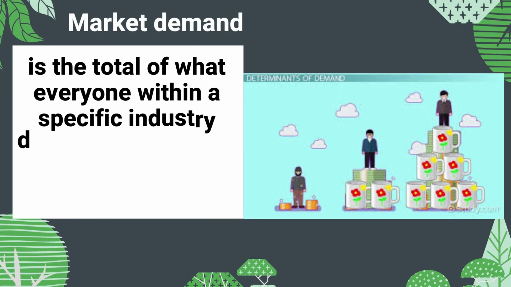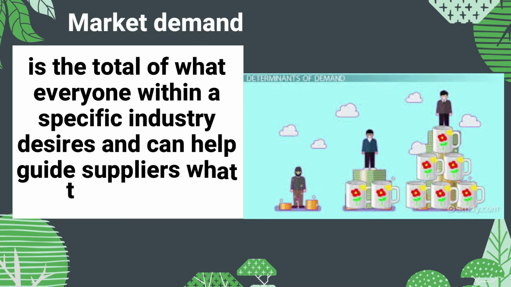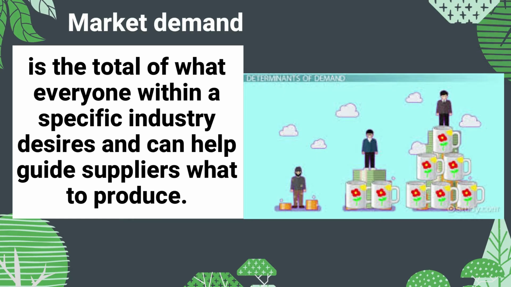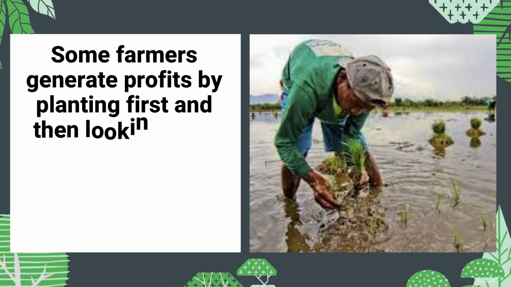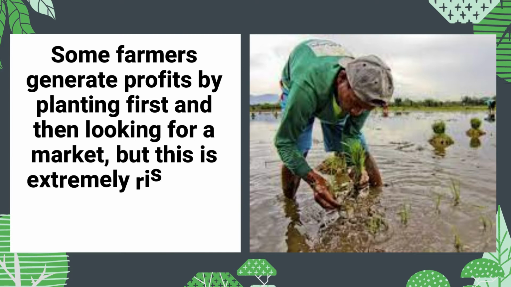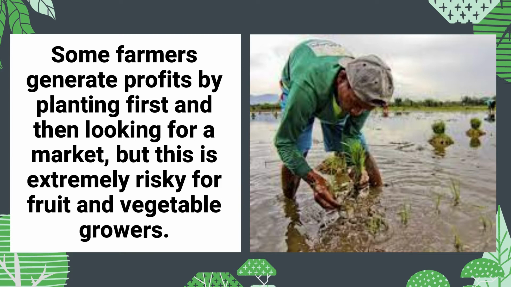Another definition of market demand says that it is the total of what everyone within a specific industry desires and can help guide suppliers on what to produce. Some farmers generate profits by planting first and then looking for a market, but this is extremely risky for fruit and vegetable growers.